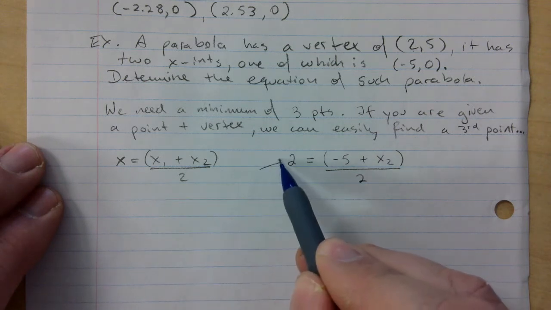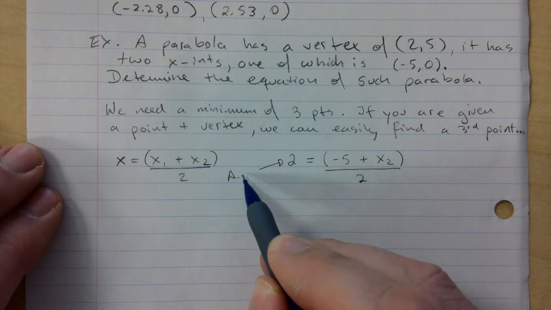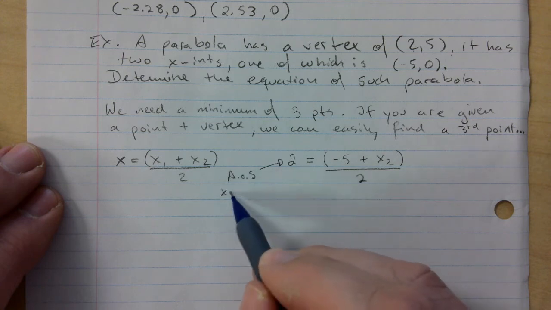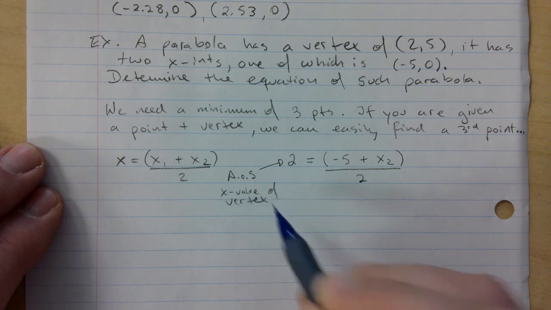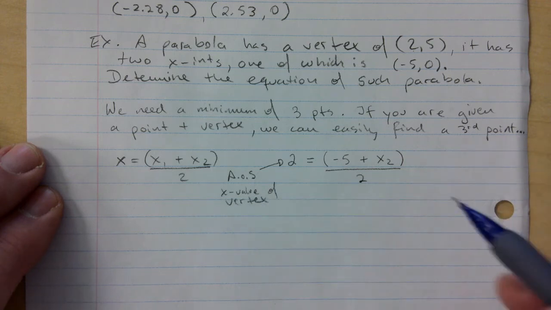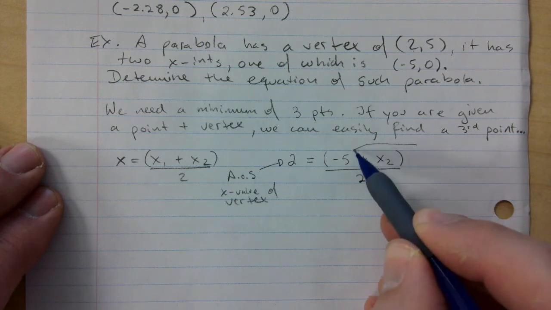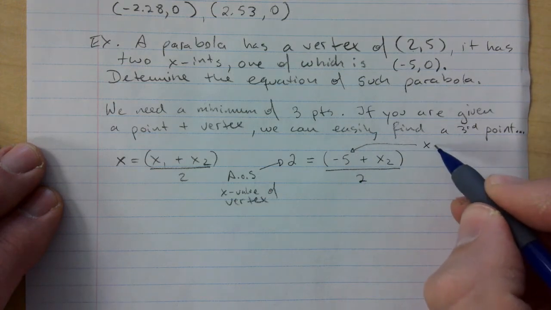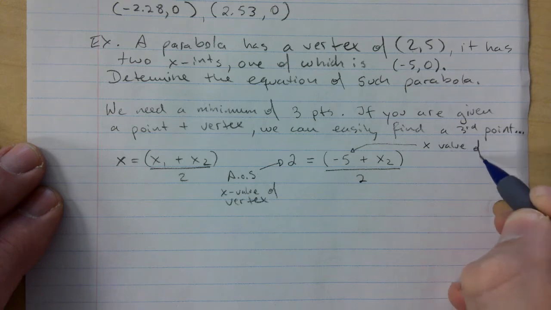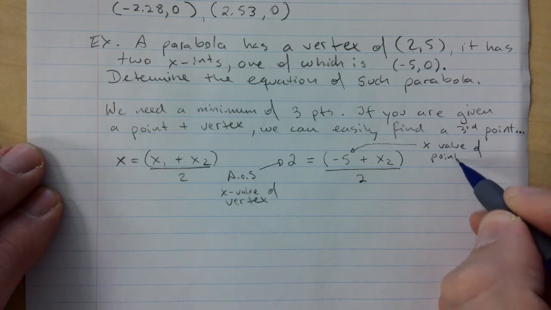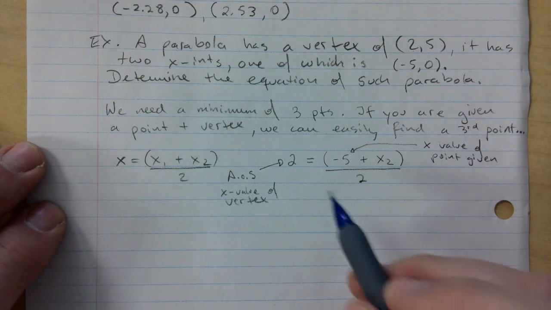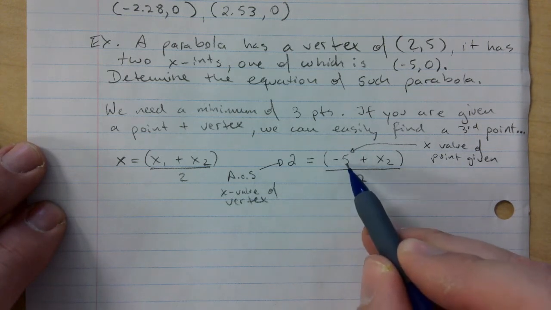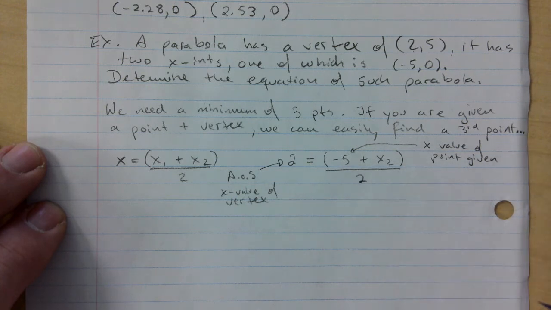This is the axis of symmetry, x value of vertex, and this is the x value of the point given. So we know this. We were given a point. We're going to find that second point.